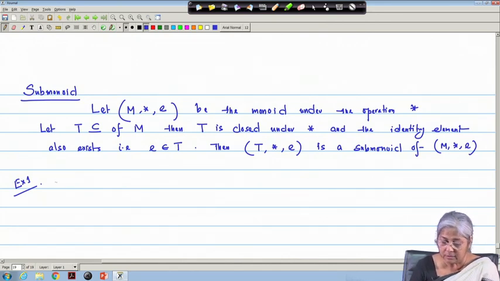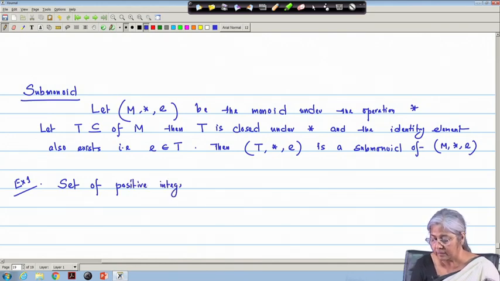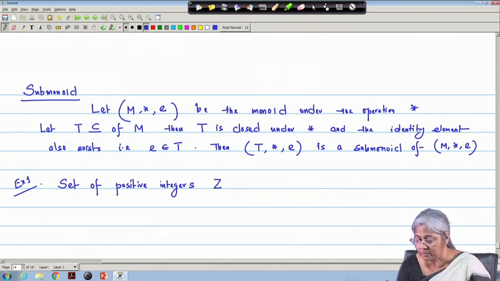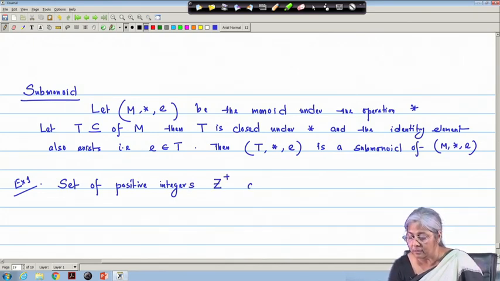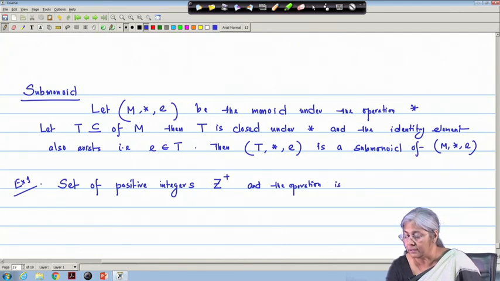We consider the set of positive integers, Z plus, and the operation is addition.